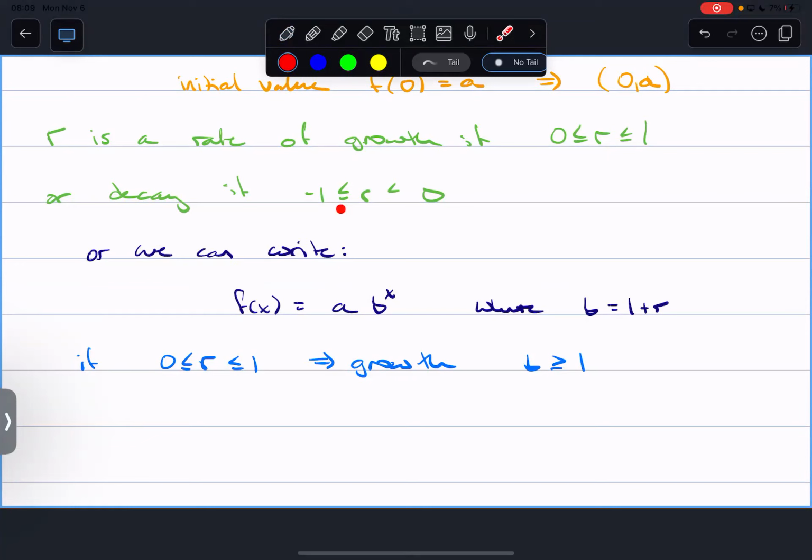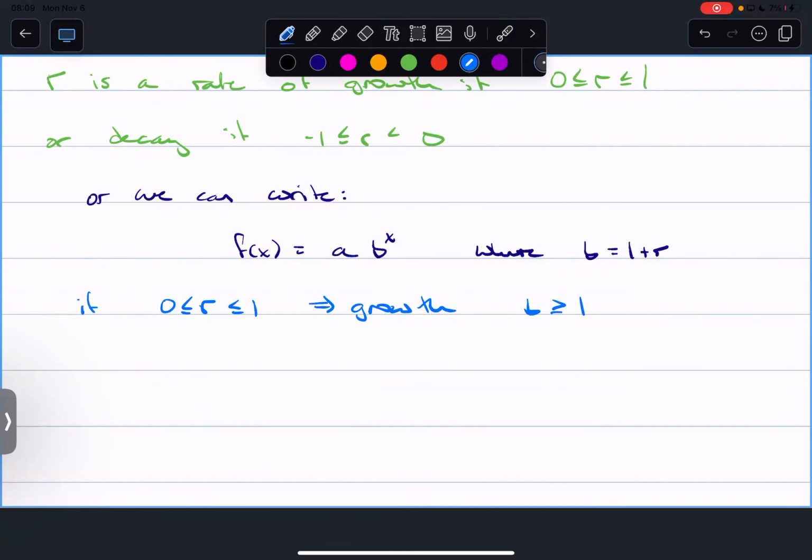So if I have a negative rate, then we know that that's decay. But what happens in terms of our b is 1 plus negative 0.07, for example. And so now this is going to be less than 1. So if r is between -1 and 0, then we have decay, and b is going to be less than 1.